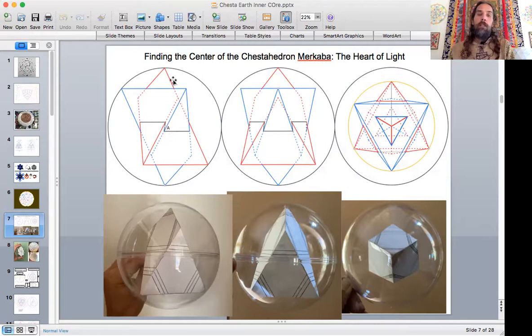So when I put this together, and this was in my last video, I was talking about this sphere of the Chestahedron in the sphere, and I was thinking that this horizontal line as it goes across was directly in the center, dividing the Chestahedron in half. And this was a little bit of a surprise to both Frank and I, because when I did put these together, I saw that the hexagon above and below that, in each individual Chestahedron, is actually not the halfway point.